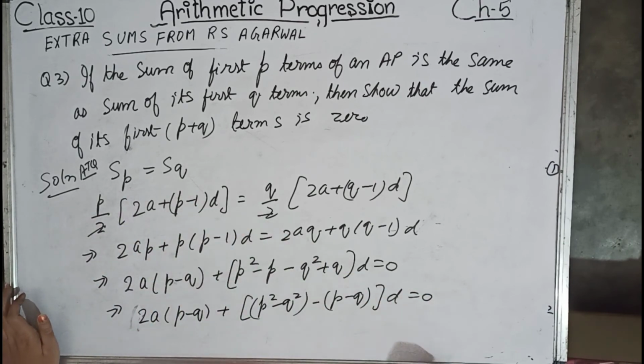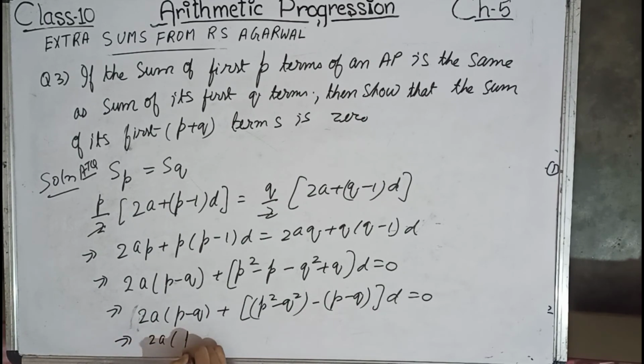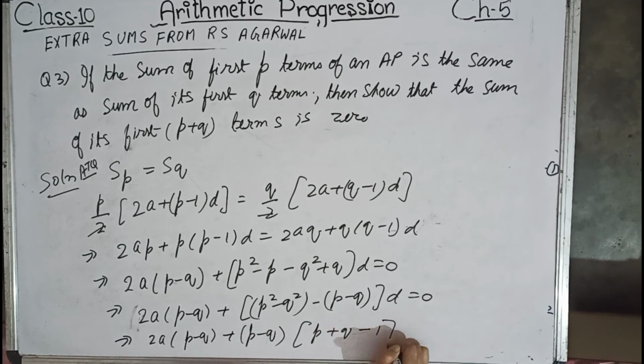Then, over here, this implies 2a into p minus q plus, in this I can take p minus q common, left is p plus q minus 1 into D equals 0.